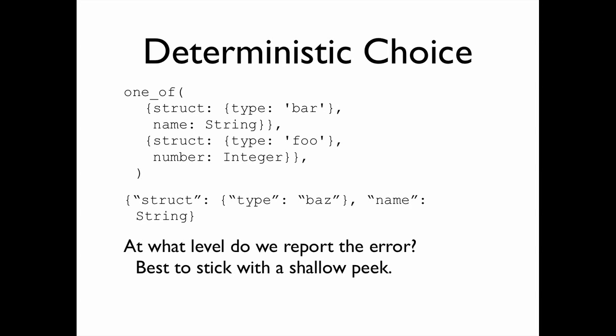So here's another troublesome situation. In this case, you're trying to say that this bar versus foo distinguishes these two cases from each other. And that's just too confusing to someone who's using your JSON form.